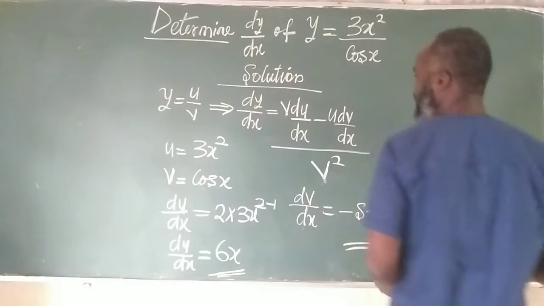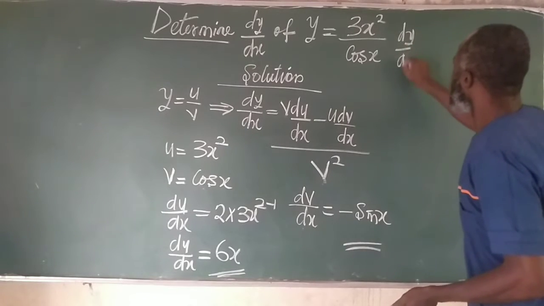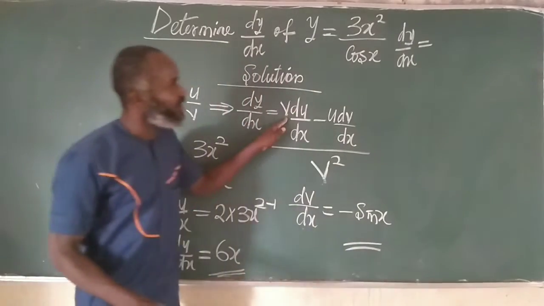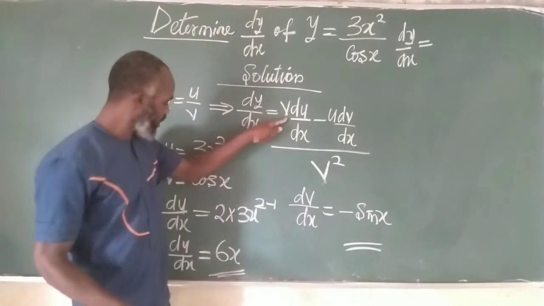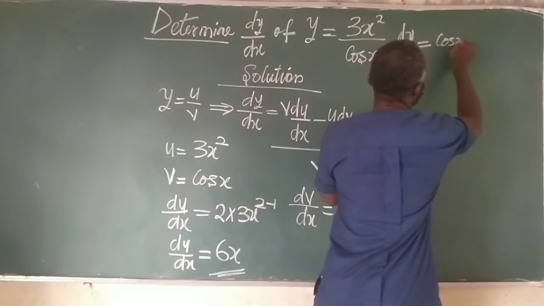It's very, very interesting. So we begin at this point. dy/dx is equal to, let's look at our v. Our v is cos x, so we quickly put cos x.